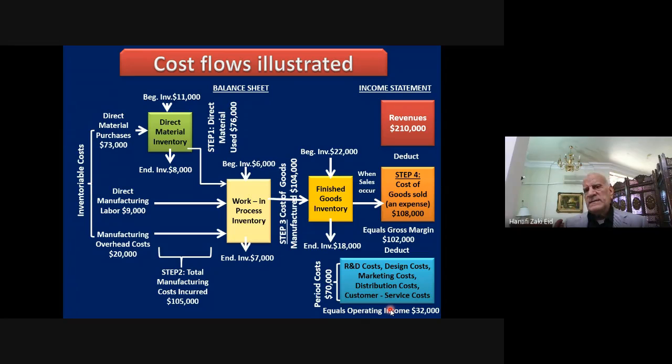I hope that this illustration of the cost flow was clear to all of you.